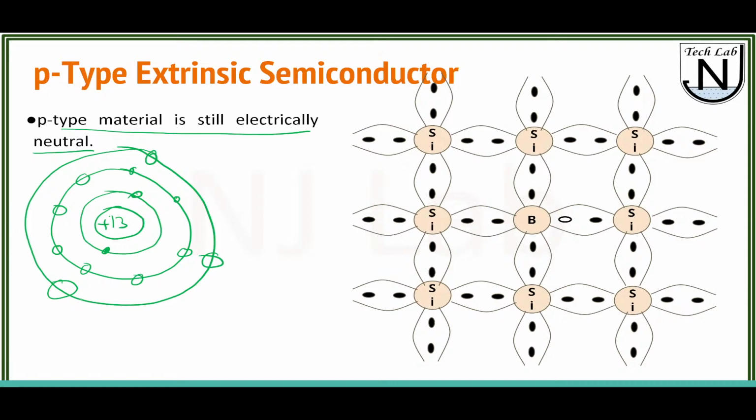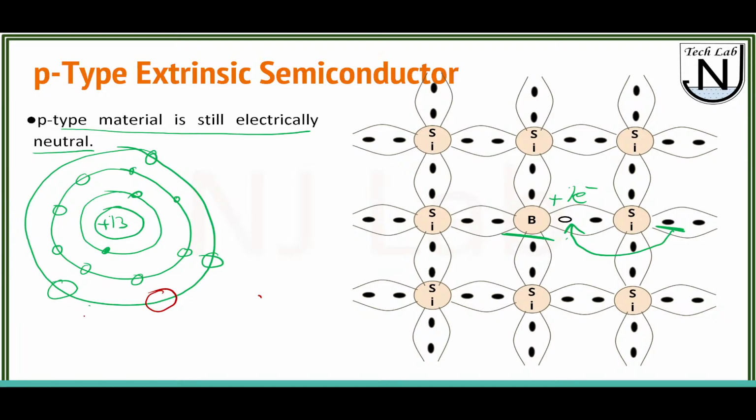Now if this electron shifts over here, it means one extra electron is there with the boron, we have one extra electron, right?